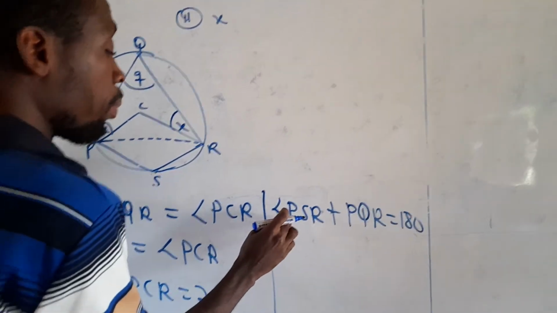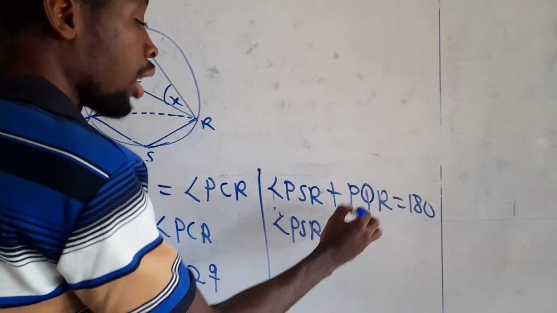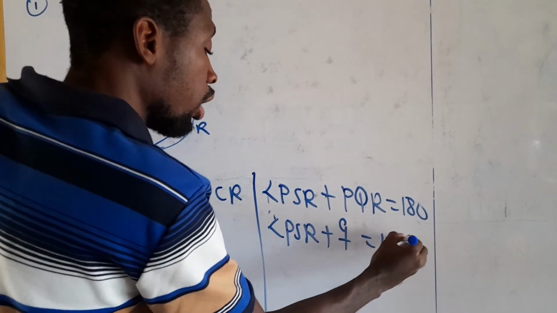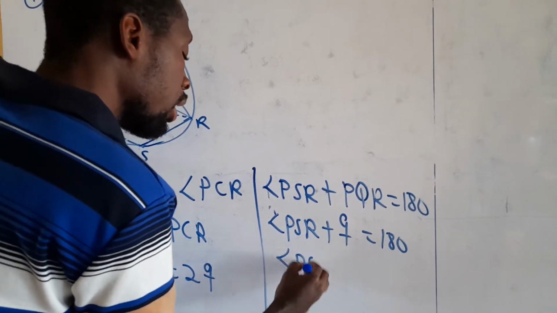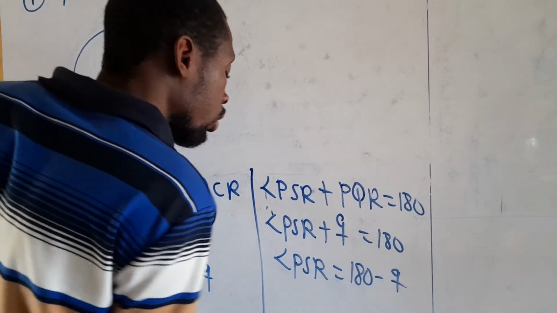So what's angle PSR? Our angle PSR plus PQR, which is Q, will be equal to 180 degrees. So angle PSR will be equal to 180 minus Q.